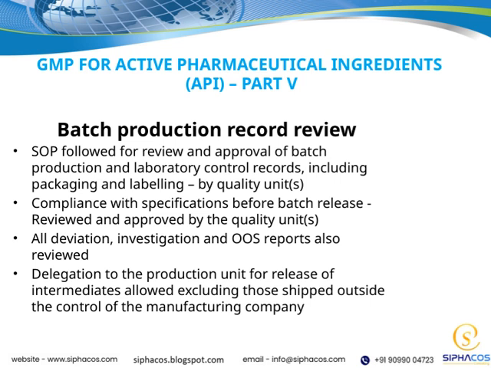This helps maintain oversight and ensures quality standards are upheld throughout the process. This review process is a critical part of our GMP compliance for active pharmaceutical ingredients, or APIs, specifically covered in Part V. It's all about maintaining rigorous control, ensuring quality at every step, and ultimately delivering safe, effective products to patients.